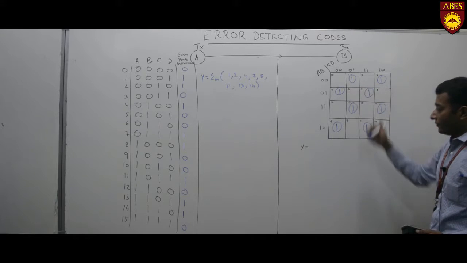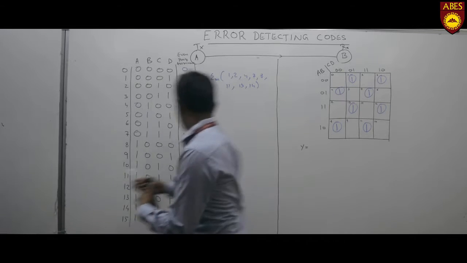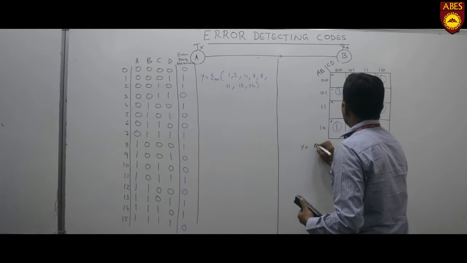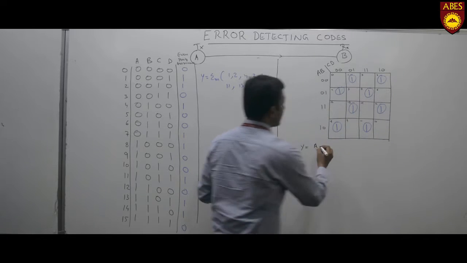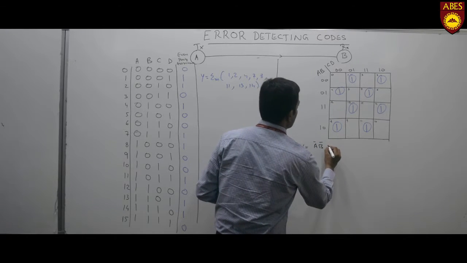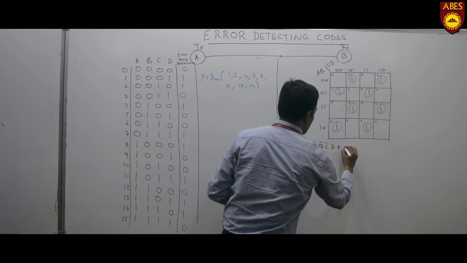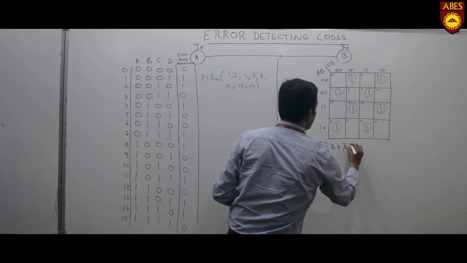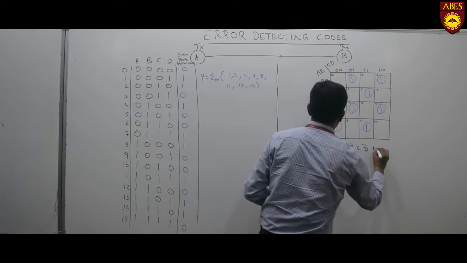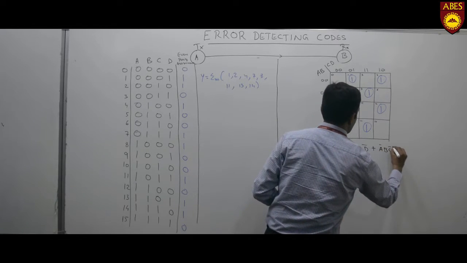So for this singlet, we are having the value A bar, B bar, C bar, D. For this particular singlet, we are having a value of A bar, B bar, C, D bar. For this singlet, again A bar, B, C bar, D bar.